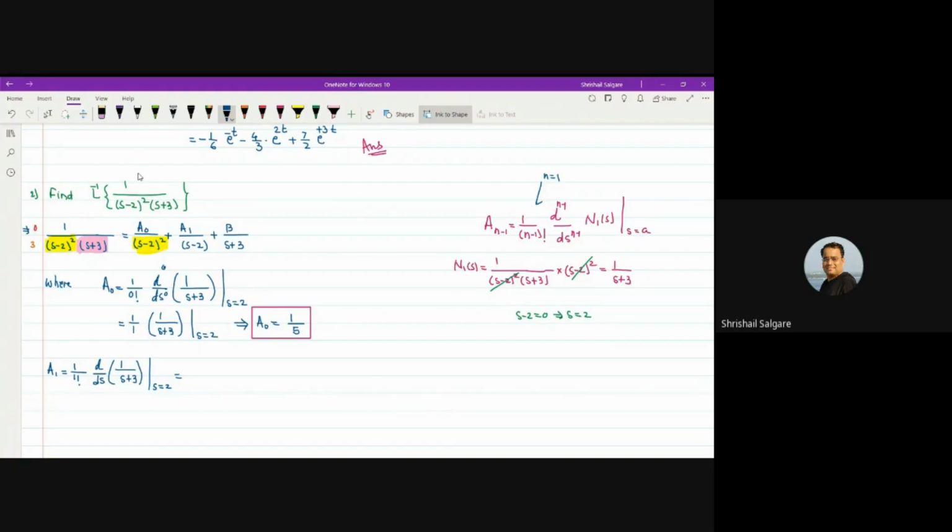It is 1. Okay. Now derivative of 1 upon x is minus 1 upon x square. So its derivative becomes minus 1 upon s plus 3 bracket square, and value of this function at s equal to 2. So can anyone evaluate this? a1 is, this term is negative, 1 upon 3 plus 2 is 5, and 5 square is 25.